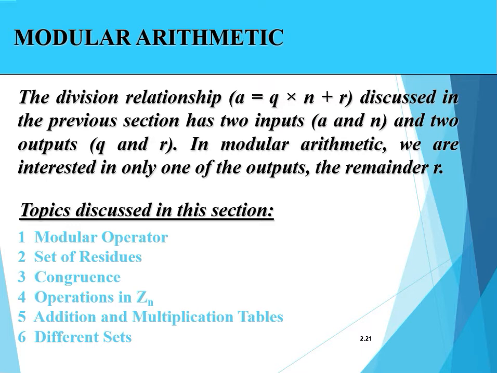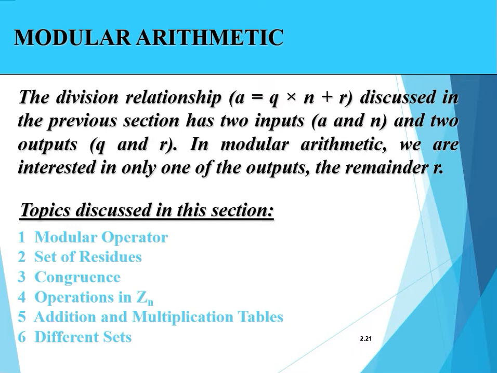We will start with modular arithmetic. The division relationship a = q × n + r, discussed in the previous section, has two inputs, a and n, and two outputs, q and r. But in the section on modular arithmetic, we are only interested in the remainder, which is r.